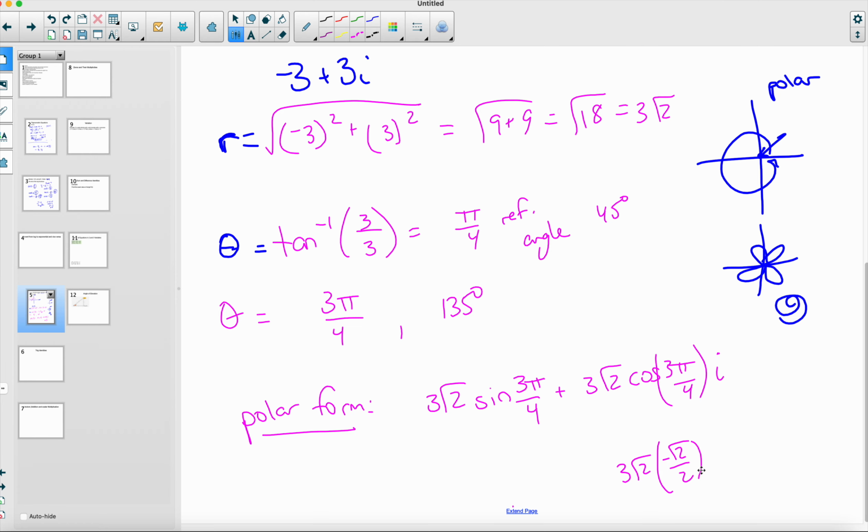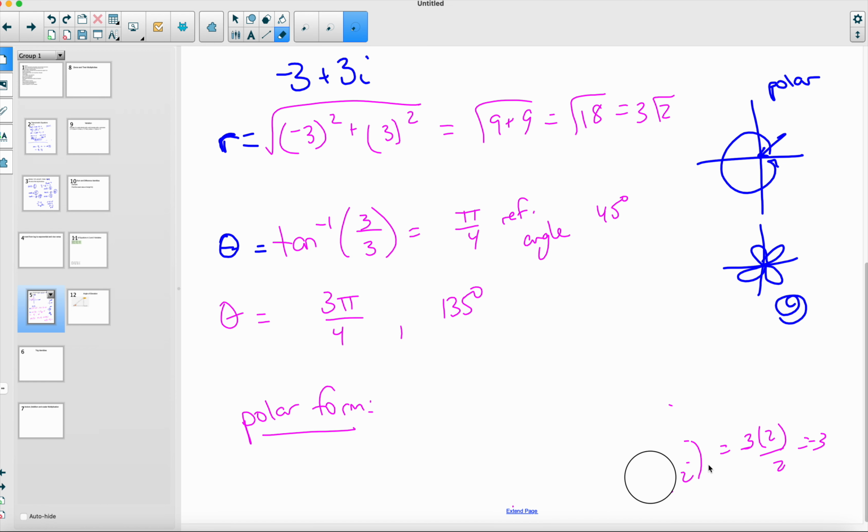I get 3 times 2 over 2, 3. I get negative 3. So when I simplify this, oh, I switched it. I'm sorry, guys. I don't know why I did that. It happens.